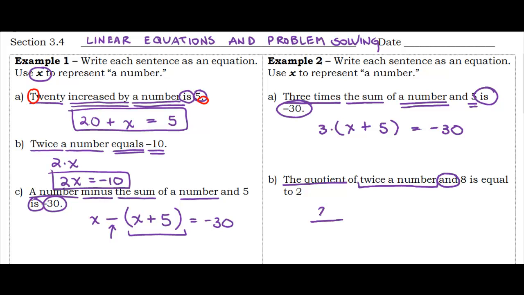On top. And where does the next number go? On the bottom. Who is it? 8 is equal to, real tough, equals, and then 2. Hopefully you're starting to learn what the phrases mean.